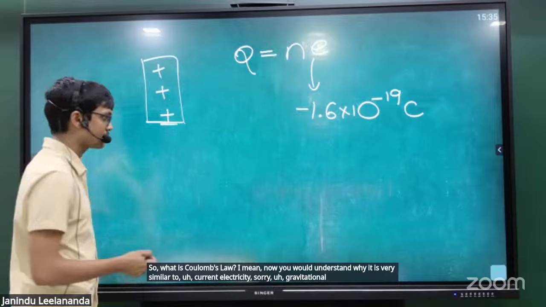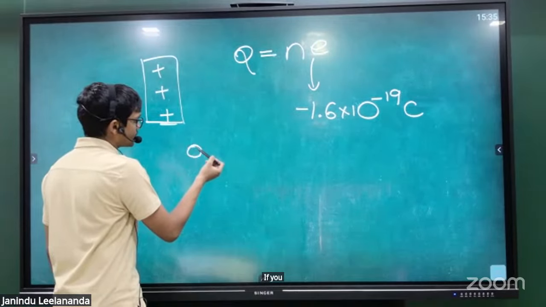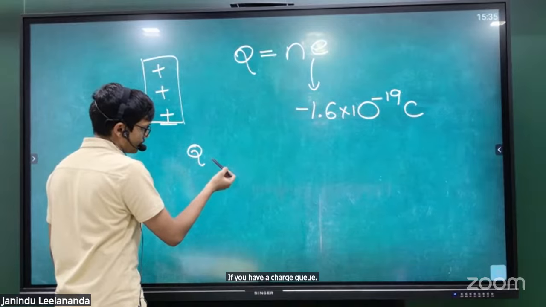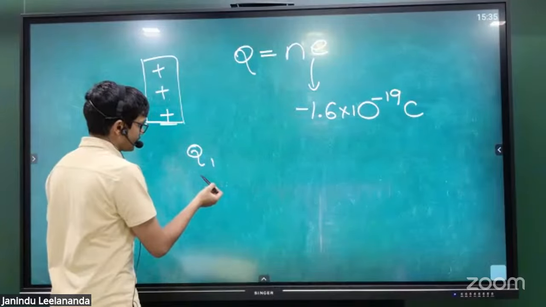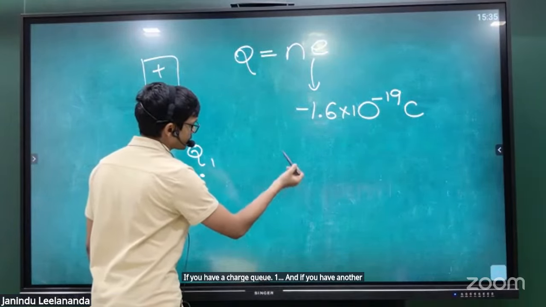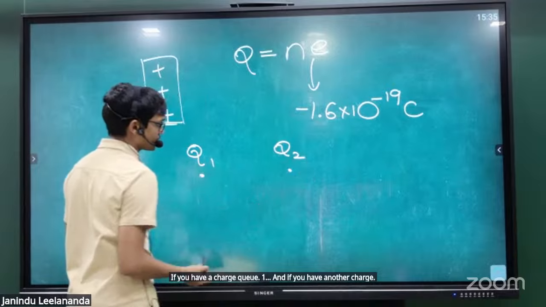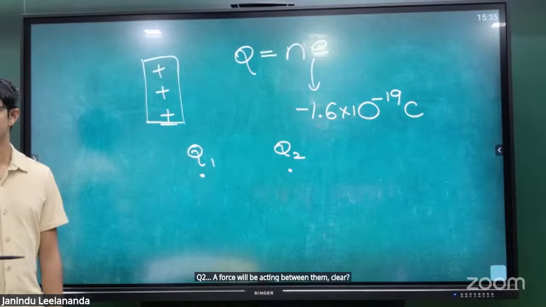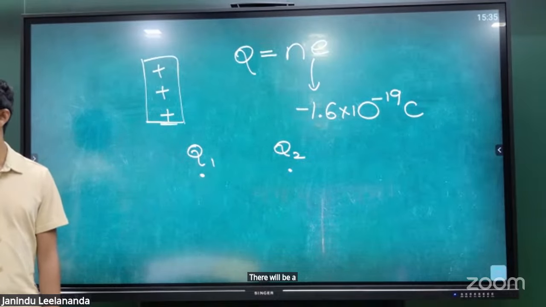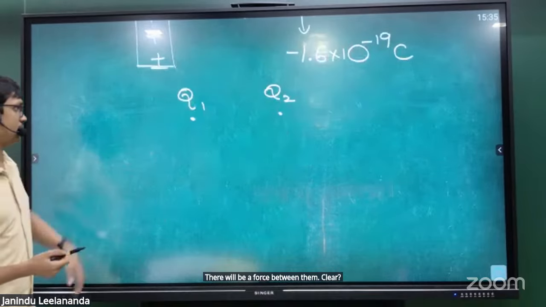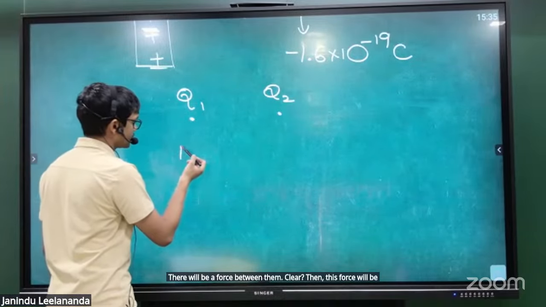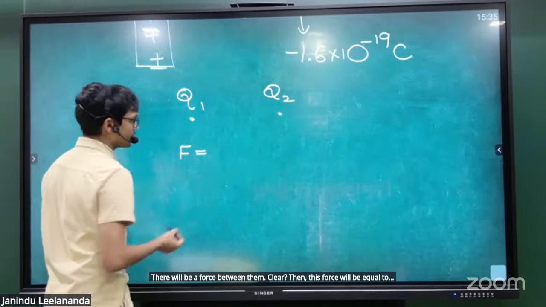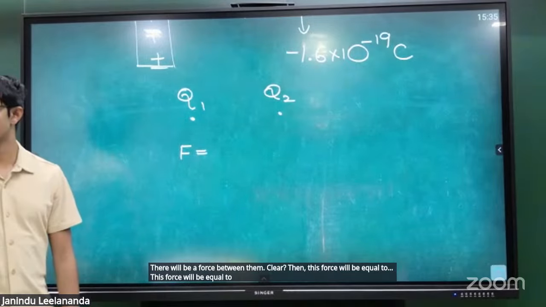gravitational fields. If you have a charge Q1 and if you have another charge Q2, a force will be acting between them. Clear? Then this force will be equal to what?